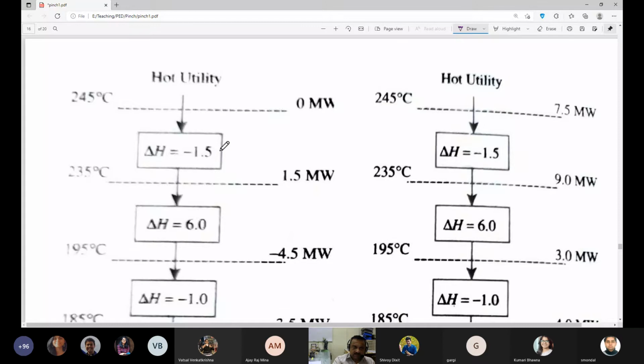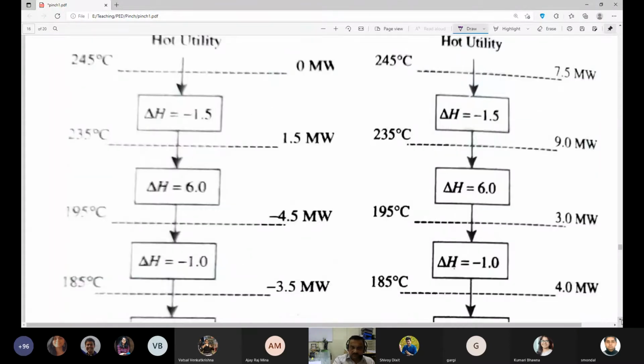So final minus initial is equal to minus 1.5. So this becomes 1.5, and when I write 1.5 and 6, this difference becomes minus 4.5. So what we are doing here is, so delta H is what?